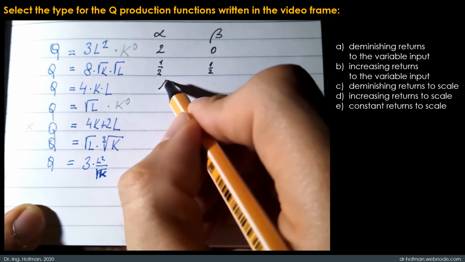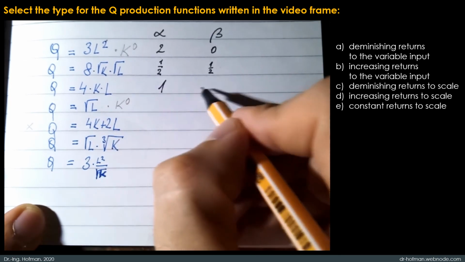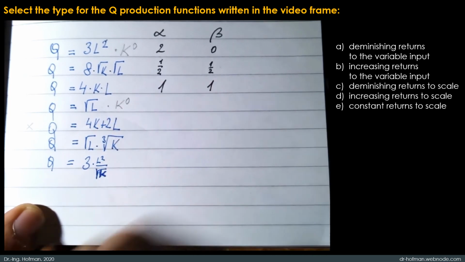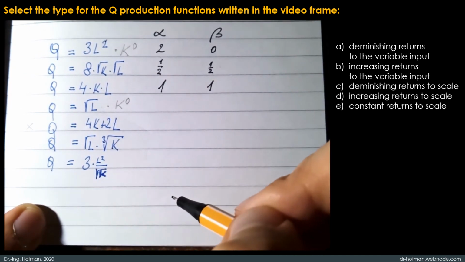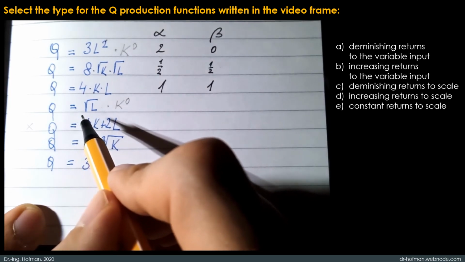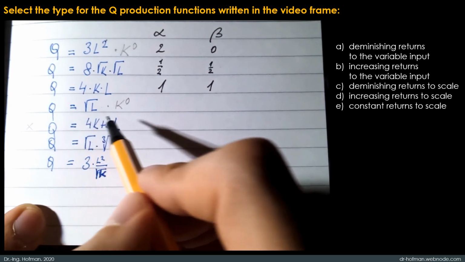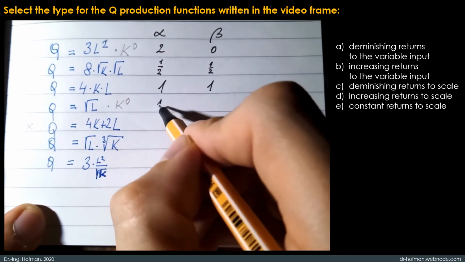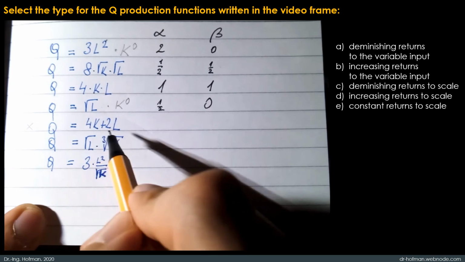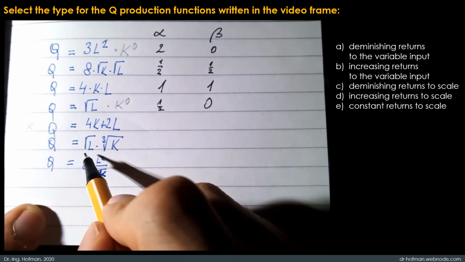In the third example there is 1 for L and 1 for K, for beta. In the fourth example, for L we have 1/2, and it's alpha, and 0 for K is beta.